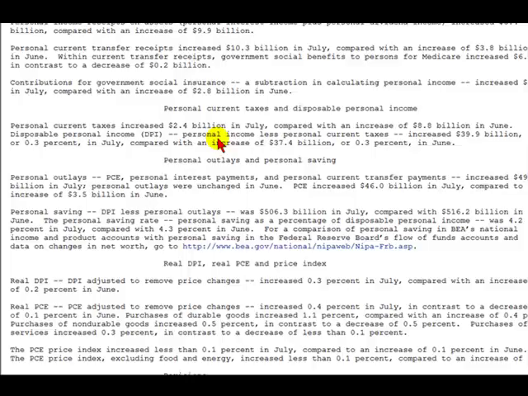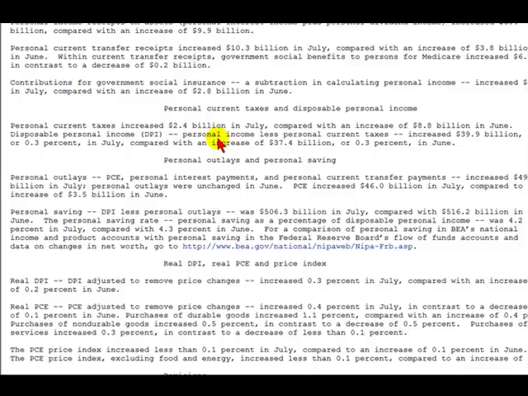Personal outlays are what you do with disposable income, other than save, such as buy things or services, pay interest, or make a gift or donation. So there are three major components in personal outlays: personal consumption expenditures, personal interest payments, and personal current transfer payments.